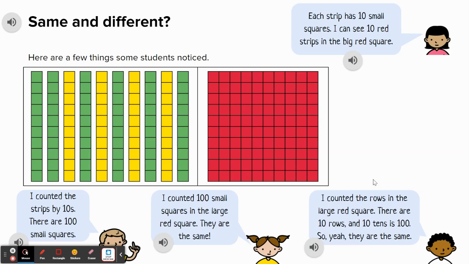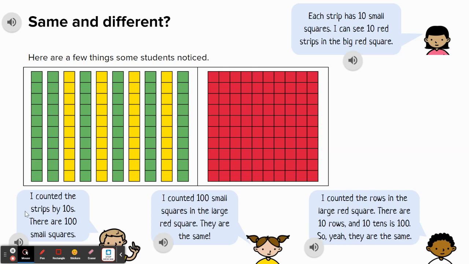Each strip has 10 small squares. So each of these have 10 small squares. They can also see 10 red strips on the big red square. So you can see there are still columns or strips of 10 in the big red square.